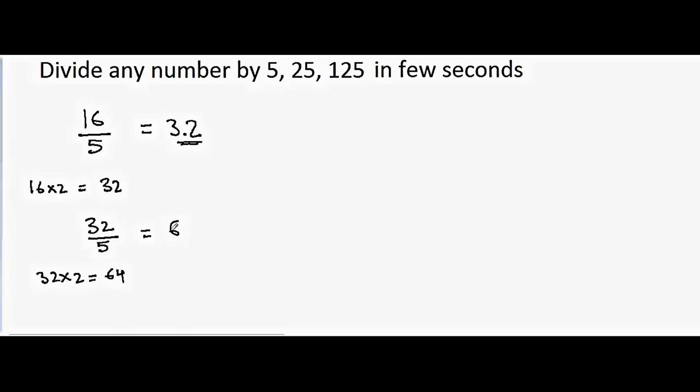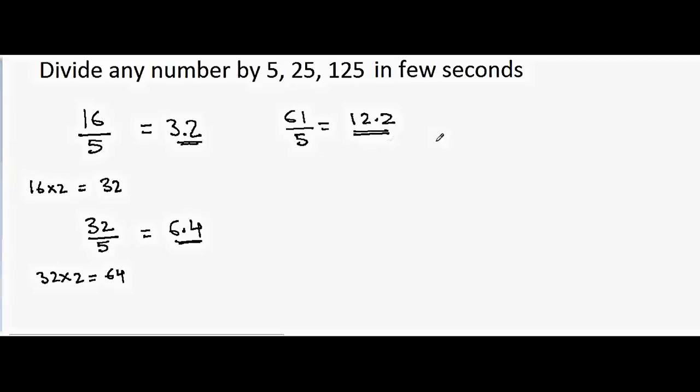Then I put a decimal after one digit, that is 6.4. My answer is 6.4. Again, if I have 61 and I want to divide by 5, the answer will be 122, one decimal, and that gives me 12.2. So that's pretty easy.